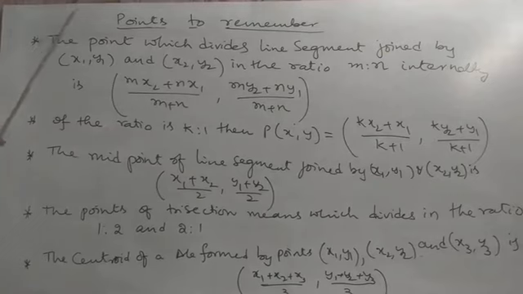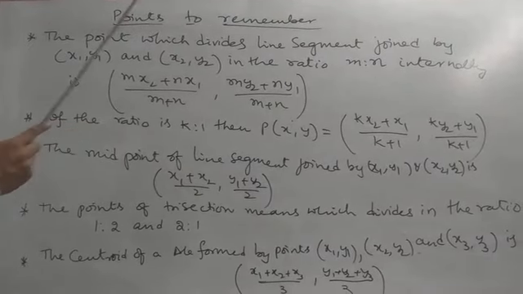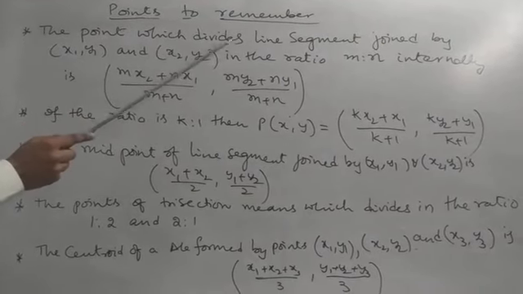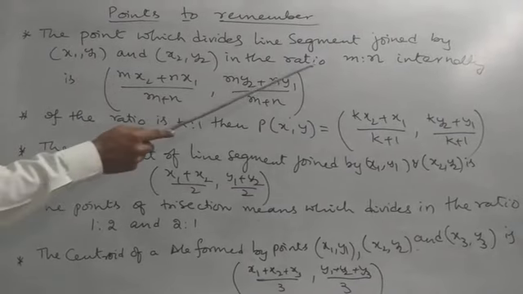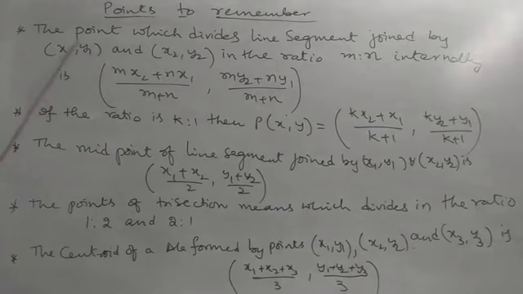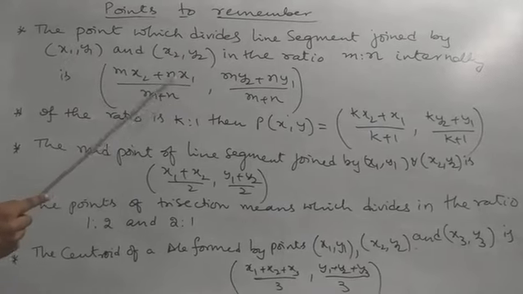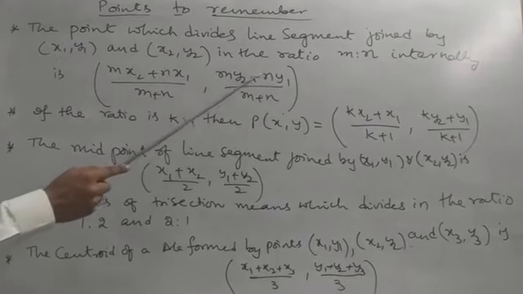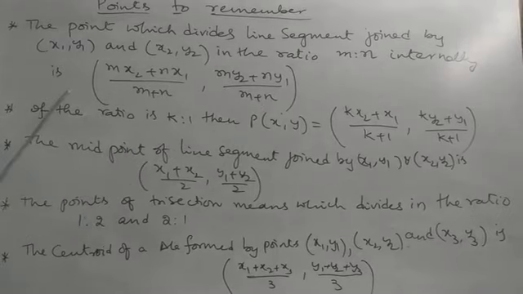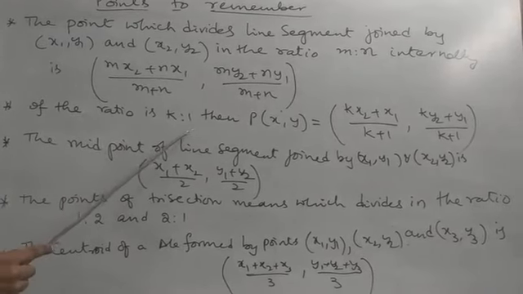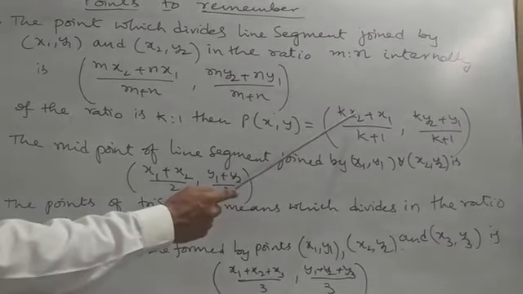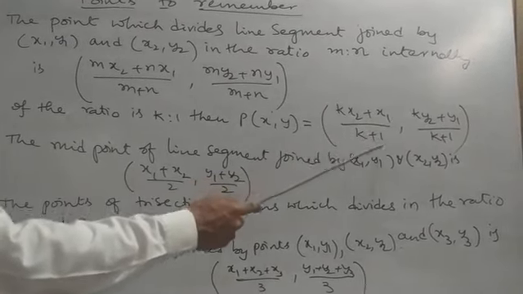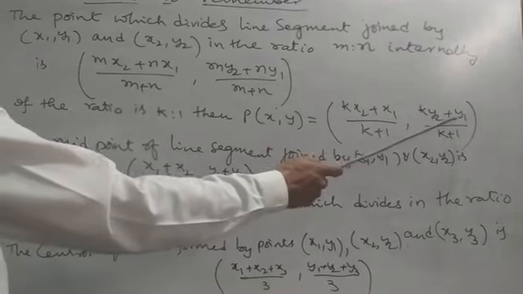Points to remember. The point which divides the line segment joined by (x1, y1) and (x2, y2) in the ratio m is to n internally is (mx2 plus nx1)/(m plus n), (my2 plus ny1)/(m plus n). If the ratio is k is to 1, then P(x, y) equals (kx2 plus x1)/(k plus 1), (ky2 plus y1)/(k plus 1).